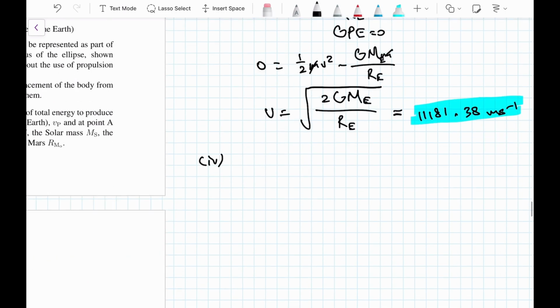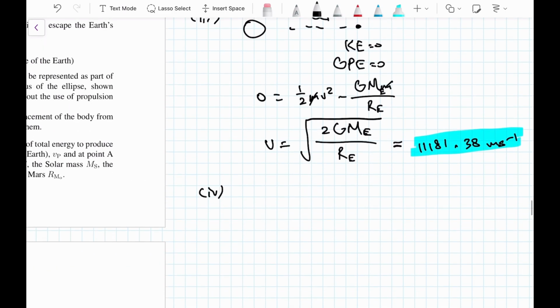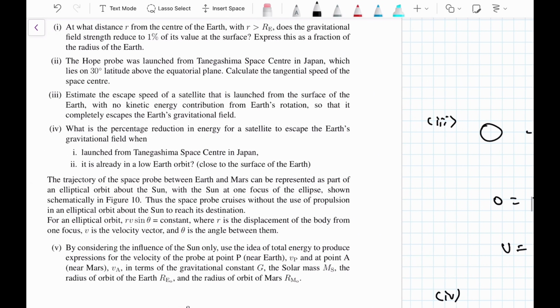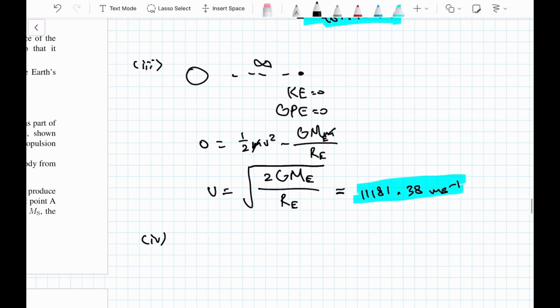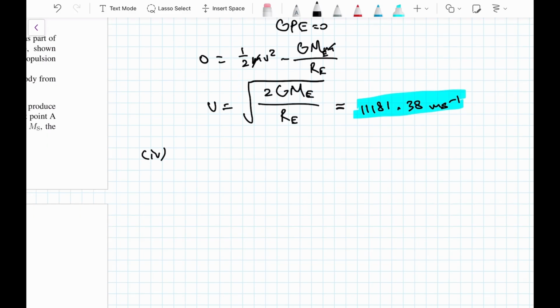So the idea is this: percentage reduction in energy for a satellite. Energy here basically means the kinetic energy of the satellite required.